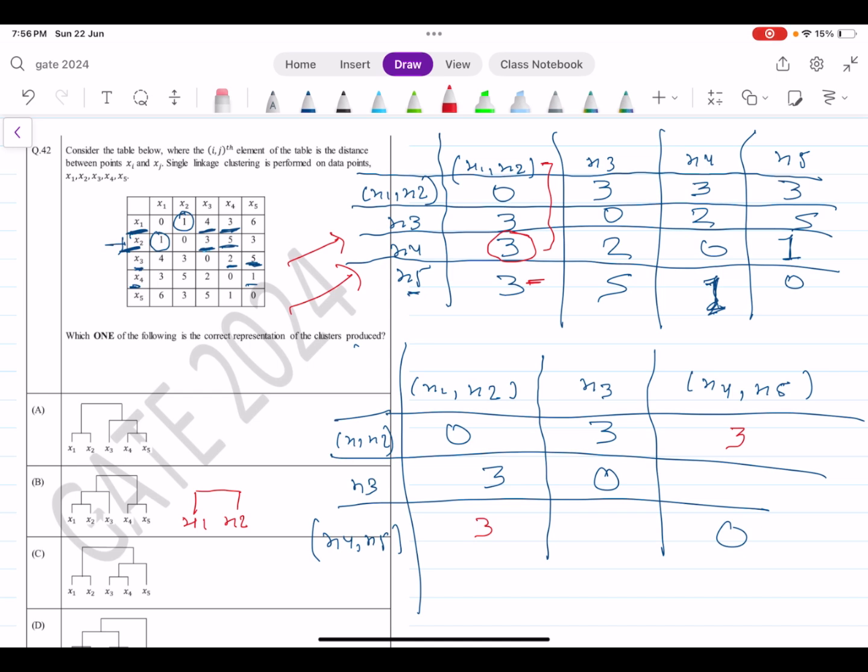What about x3? x3's distance with x4 was 2, and x3's distance with x5 was 5, so we'll take the minimum, that is 2.